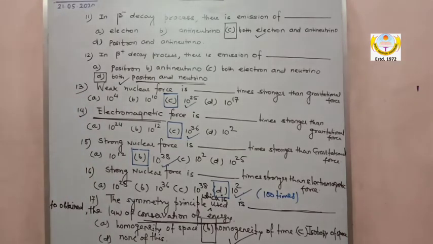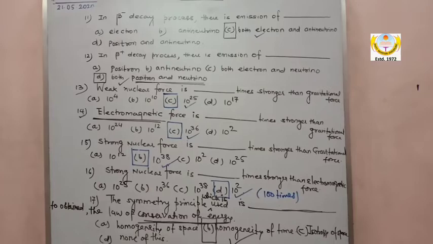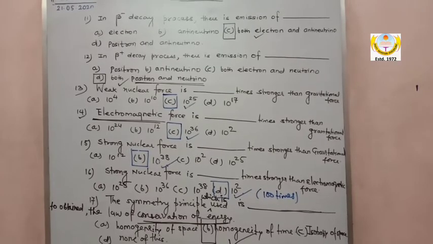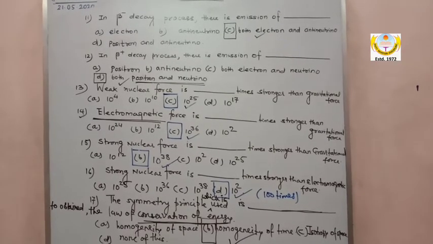So remember this, that the symmetry principle which is used, my dear, is the homogeneity of time to obtain the law of conservation of energy. Don't forget that it is homogeneity of time. In space, my dear, there is no preferred location, no preferred direction, and no preferred time.